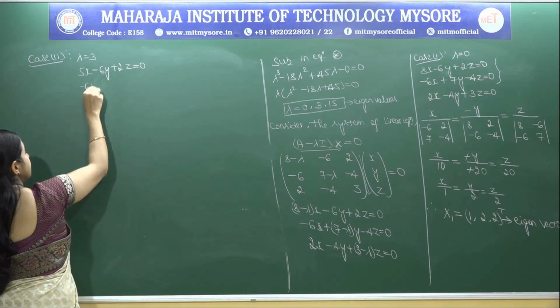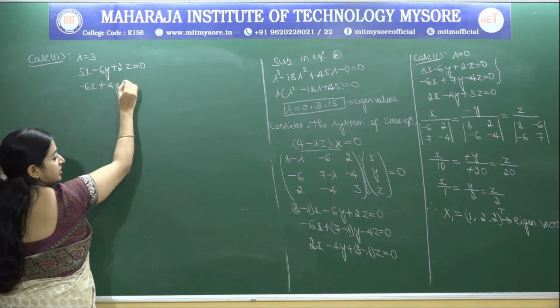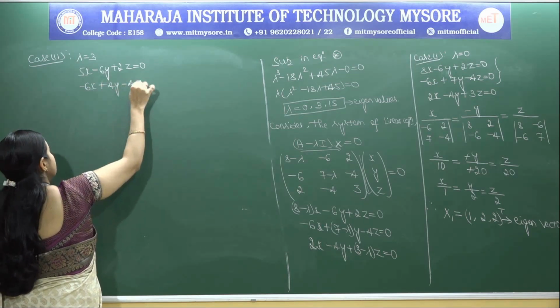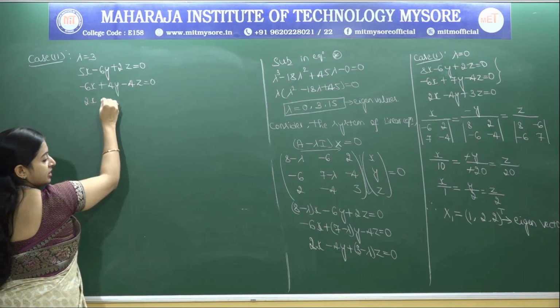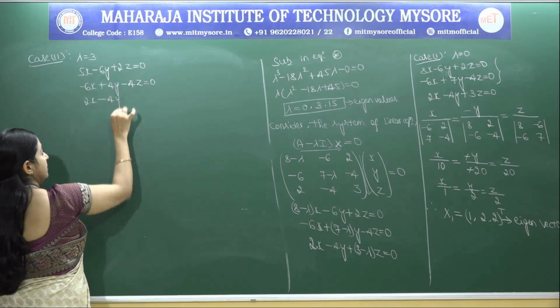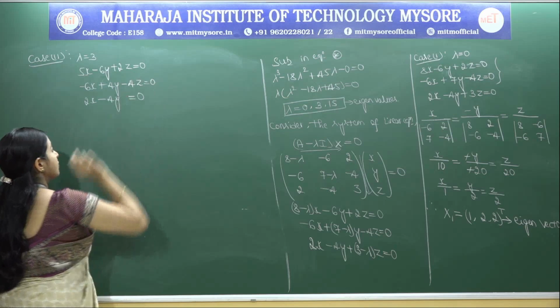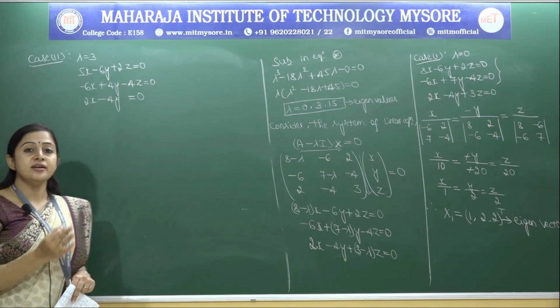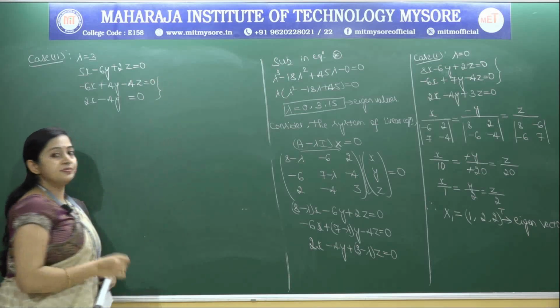Similarly, minus 6x, with lambda equals 3 you will get plus 4y, then minus 4z equals 0. The last one, 2x minus 4y, and putting lambda equals 3 you will get 0 for the z coefficient. Consider any two of the equations. I consider the last two equations.